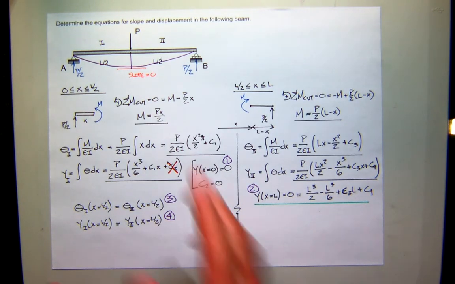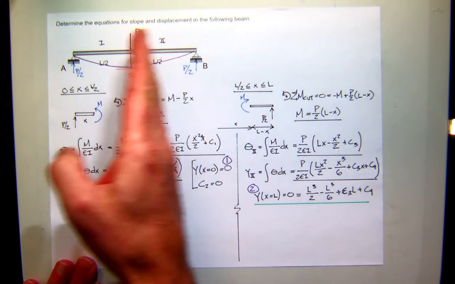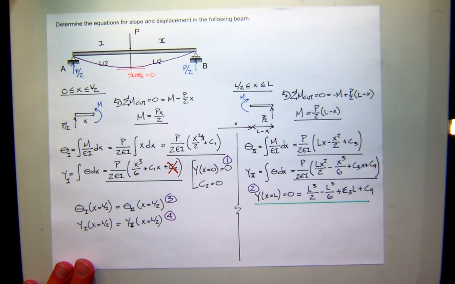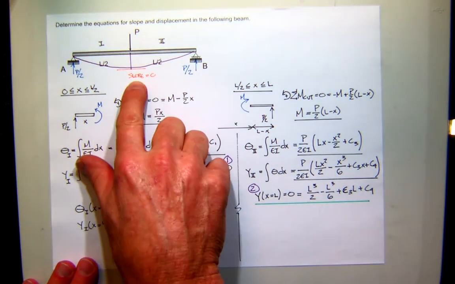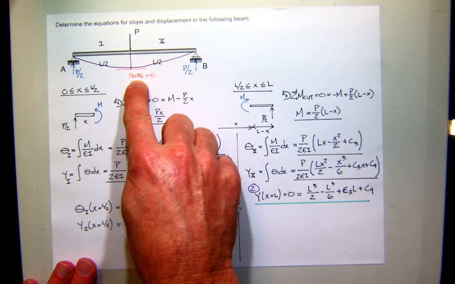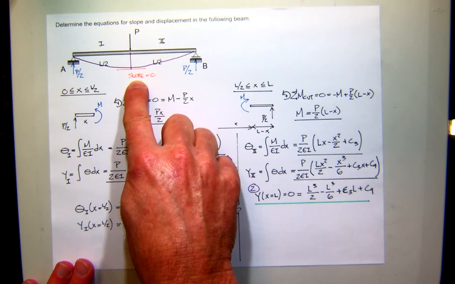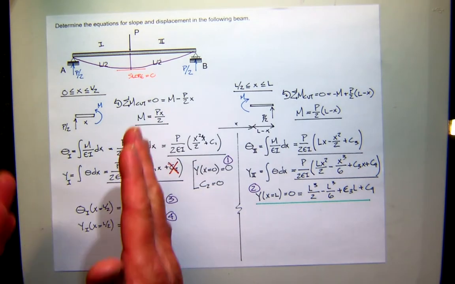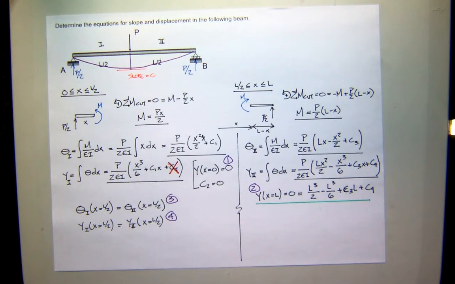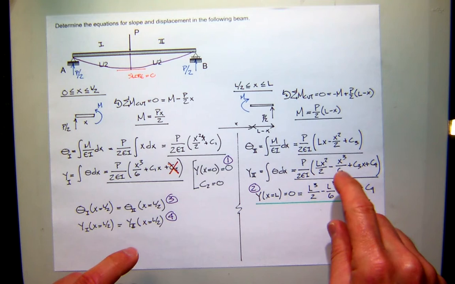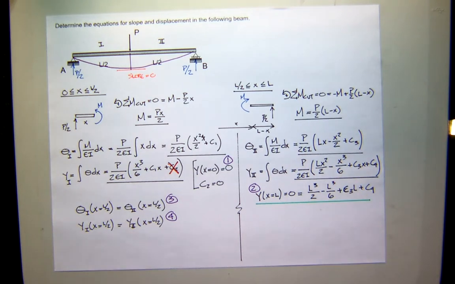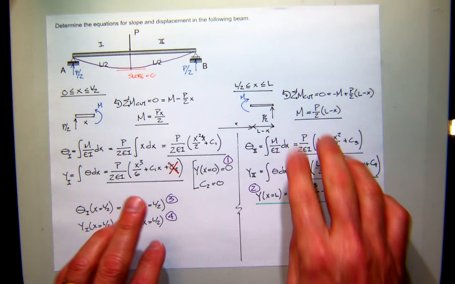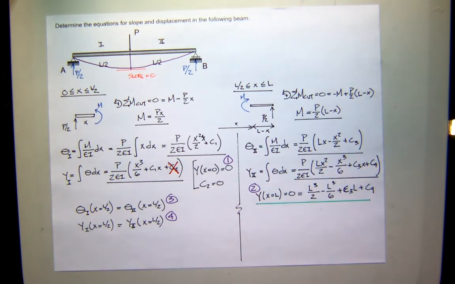But in general, if I move this load off center one way or the other, that condition is not true. It's only 0 slope at the maximum displacement, and we just happen to know the maximum displacement's in the center. Again, if I move that to L over 3, 2L over 3, it doesn't work. You'd have to go this way. But you can still do it, given enough time. And of course, these equations will look a whole lot nicer if you know P is a number, and L is a number. So these equations would be all numerical instead of these symbolic equations.